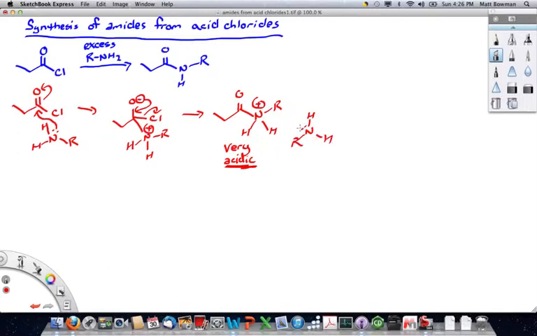And your amine comes in, takes that proton off to generate your amide, plus one equivalent of your protonated amine.